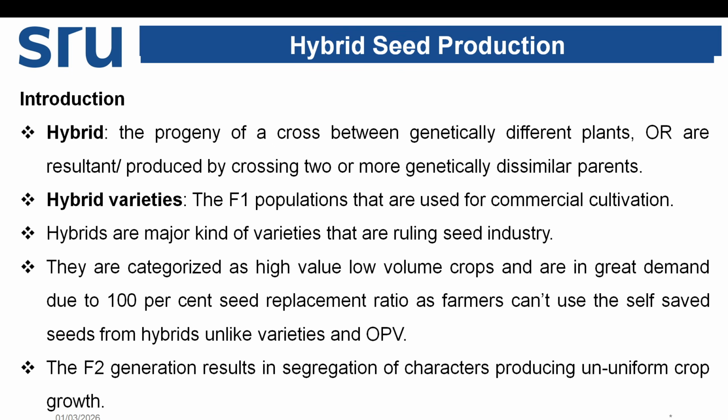That's why the 100% seed replacement ratio is there. The F2 generation results in segregation of characters, producing uneven crop growth. That's why we call the F2 generation the most segregating generation in the plant life cycle.